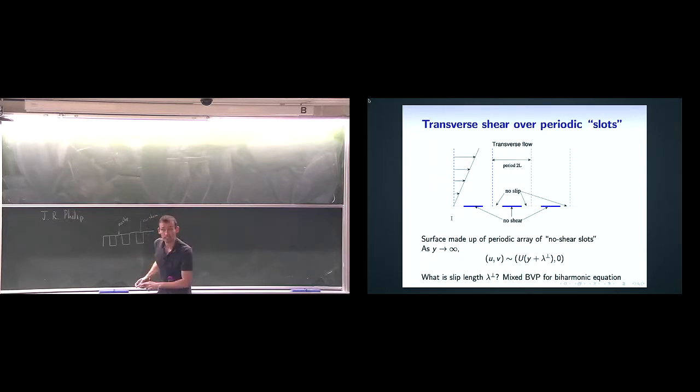But it can slip. Remember, a free surface can't support any shear stress. A no-slip surface can. It's solid. You know, it's got stronger bonds. Nothing can slip over it, but it can support shear stress. Free surfaces can't. So it's a completely different type. That's why they call these mixed-type boundary value problems.